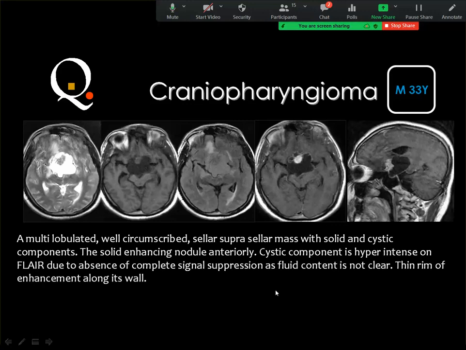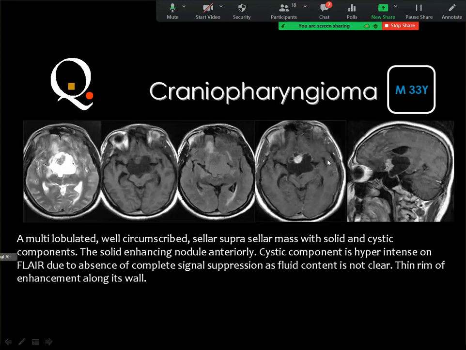There are three main criteria for the craniopharyngioma to reach the diagnosis: cystic component, solid component, and calcium. And you know that MRI is not that sensitive for the detection of calcium. Then two criteria of the three can fit for the diagnosis, especially the cystic part, which should be one of the two.